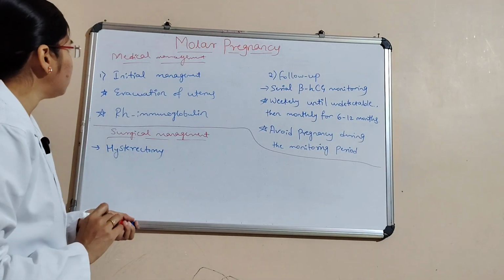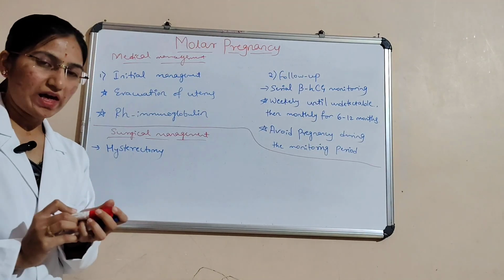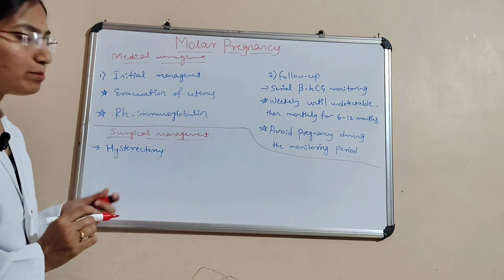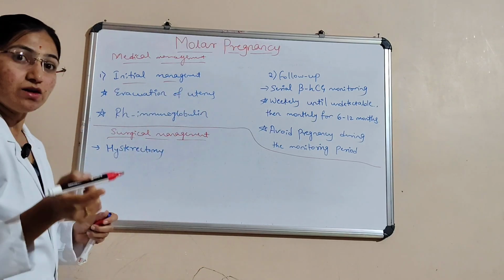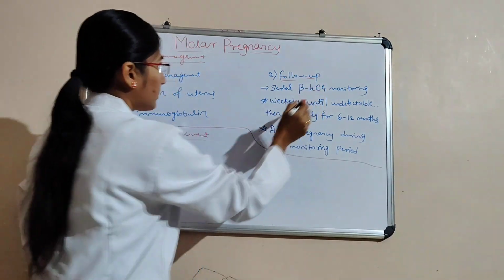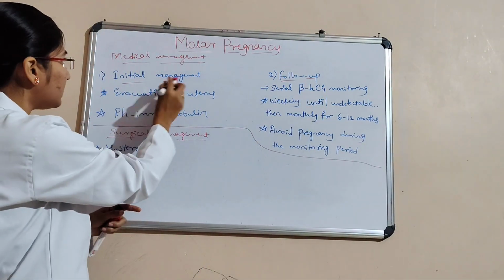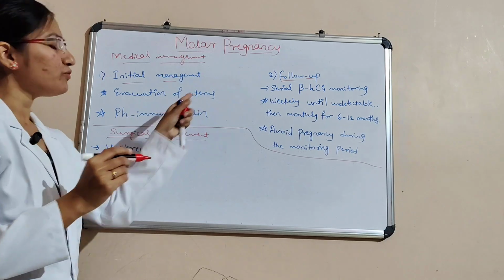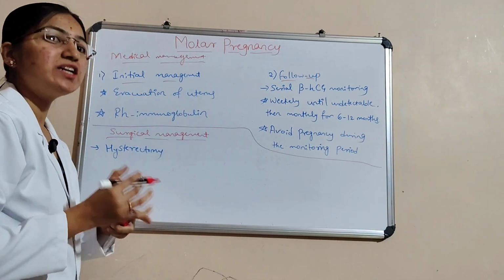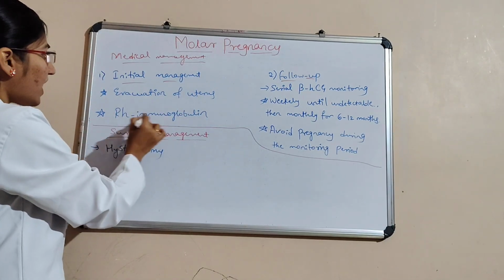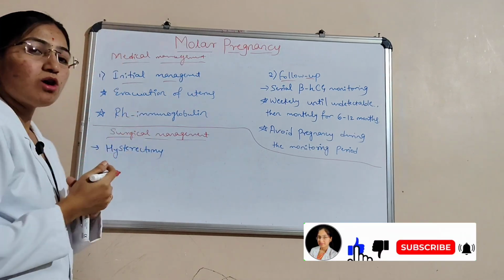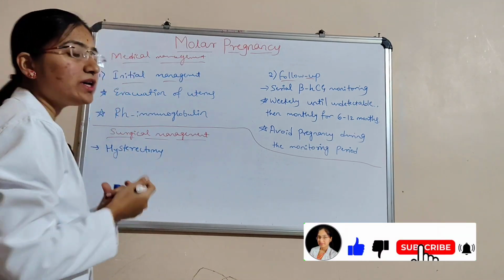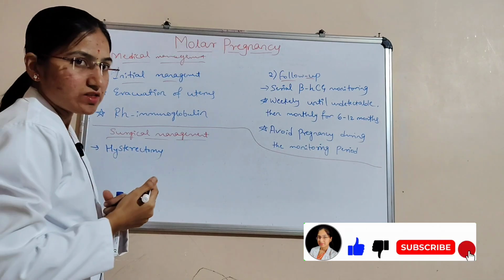Next, we'll see the management for molar pregnancy. First we'll see the medical management: initial management and the follow-up. Initial management is evacuation of uterus, that is dilatation and curettage, and after that Rh immunoglobulin, administered to Rh negative women after evacuation of uterus.